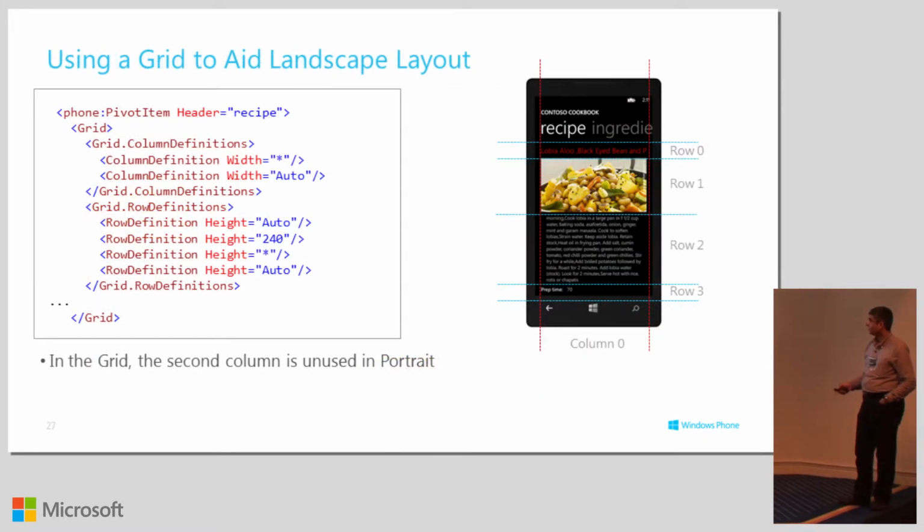Now, how do you do that? It's not very difficult. In our case, I have the grid which has 2 columns and 4 rows. In the first one I'm saying star, the second one I'm saying auto. So here I have got 2 columns. The second column is not visible.